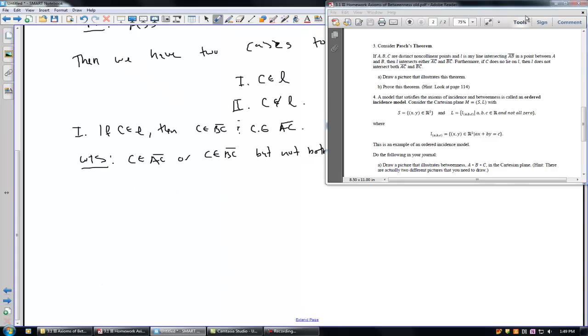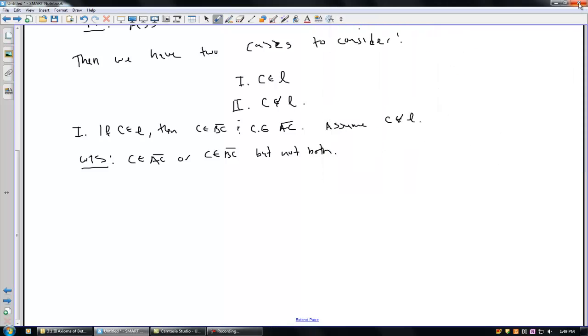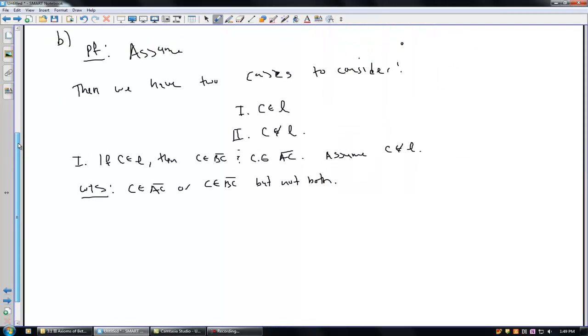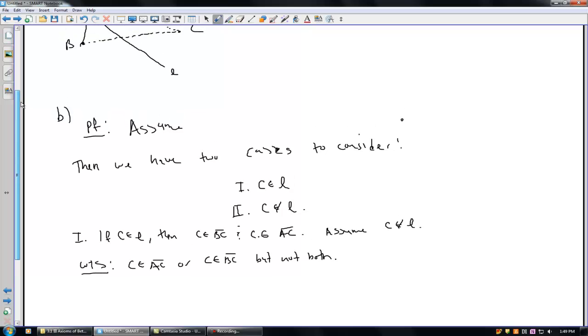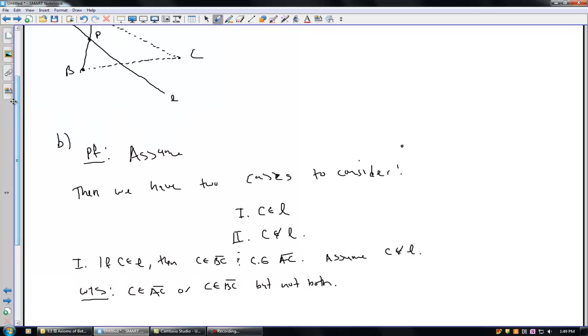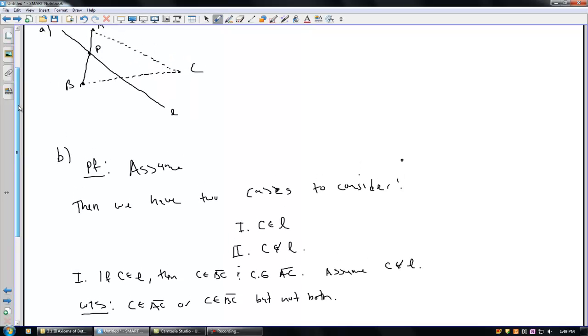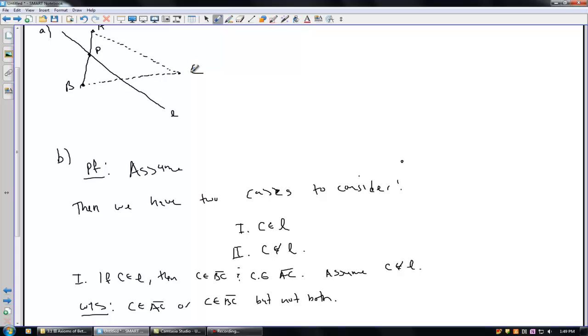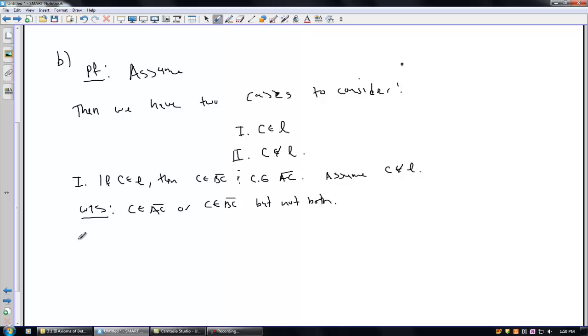And the way that we do this is actually real simple when you look at the picture. When you pick your point C, it either lies on the same side of A or on the opposite side of A. Or if you want, you can do it with B. It either lies on the same side of B or the opposite side of B. So there's just a choice here. I'll just make the choice that we'll do with respect to B.